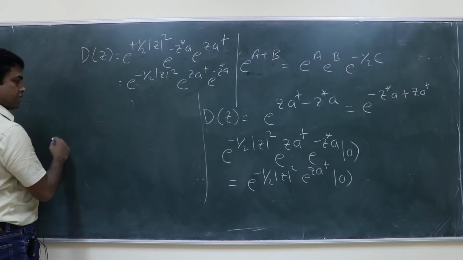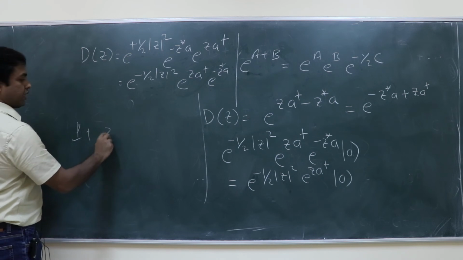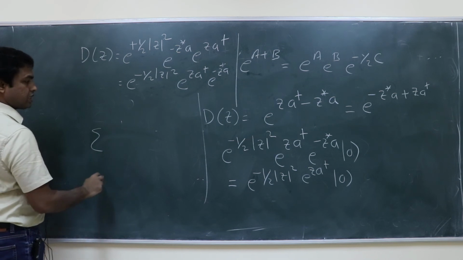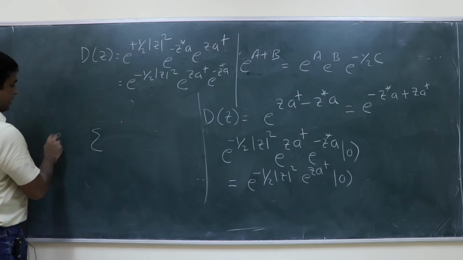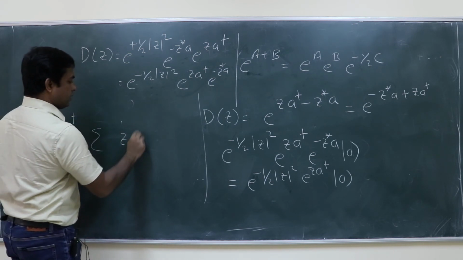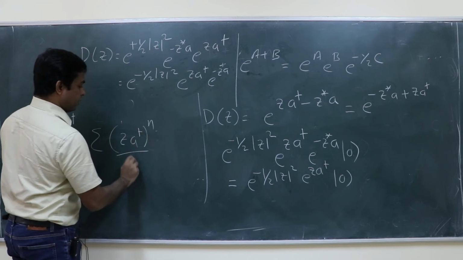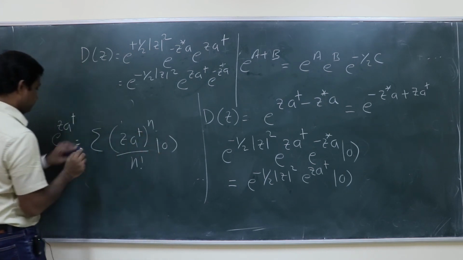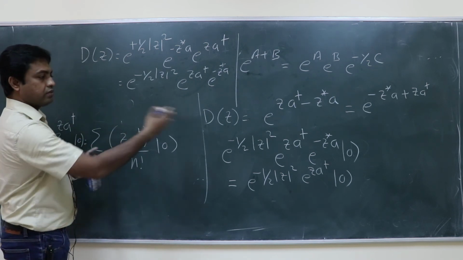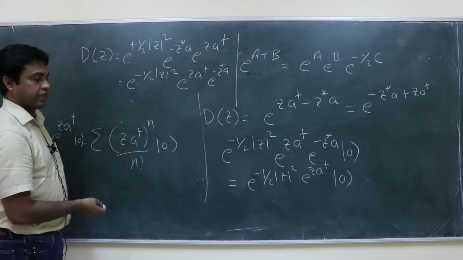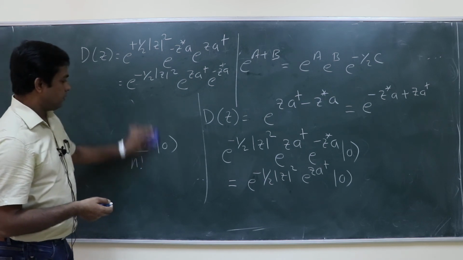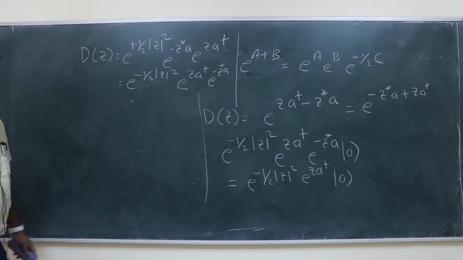You can either expand like identity plus z a dagger plus etcetera, or you just write the exponential series. You can get the answer in one shot, or find 2-3 terms and then find the answer. I'll give you 2 minutes to get this answer. All of you please try that.